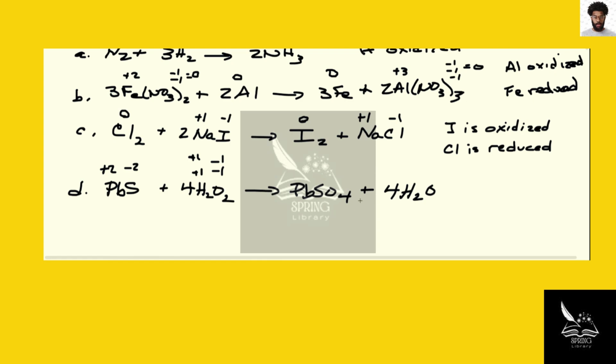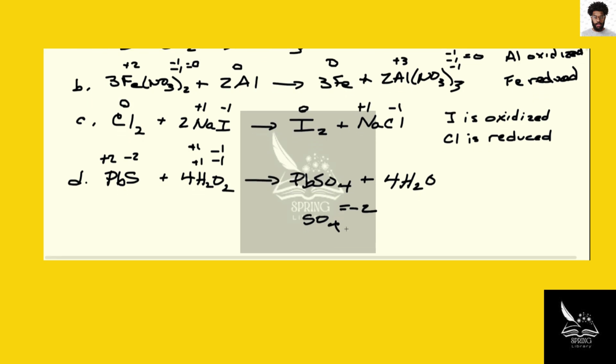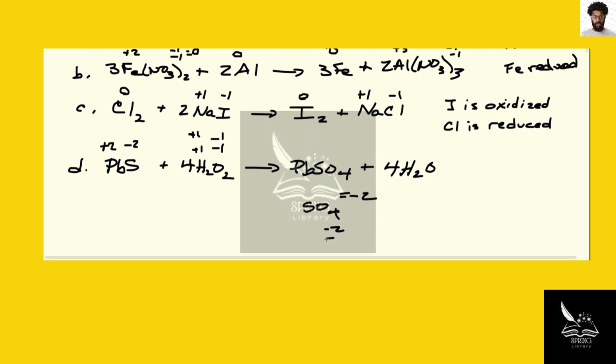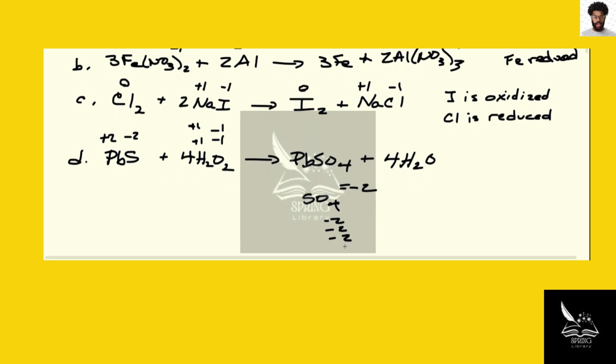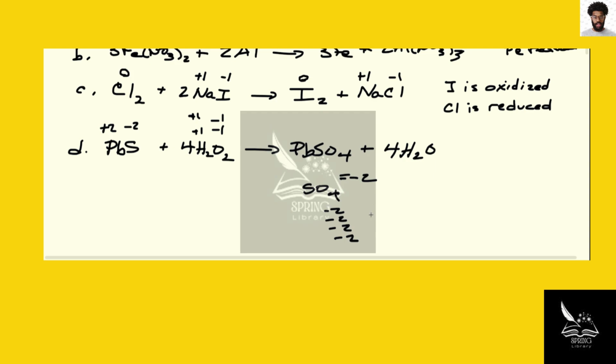Now over on this side, sulfate is normally -2. But we have to see what's going on with our sulfur in this case. So sulfate is normally equal to a charge of -2. This is not a peroxide, so each of the oxygens is -2. Then there's 4 of them. Now remember, the sum has to equal -2.